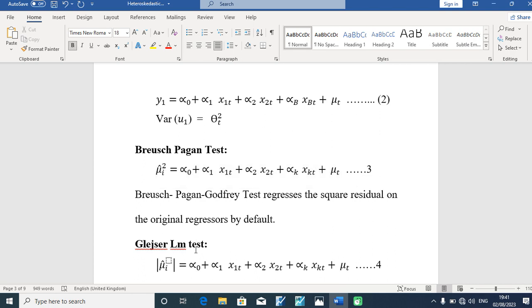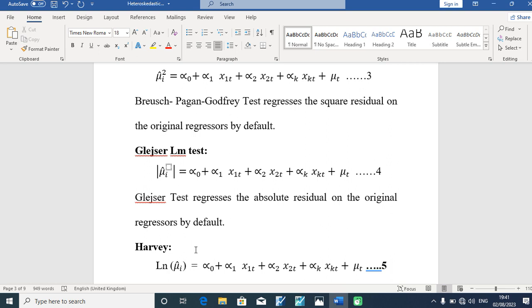Then in the Glejser LM statistic, Glejser regressed the absolute residual on the original regressors by default. The absolute value of the error term was regressed on the original regressors as its own test of heteroskedasticity.